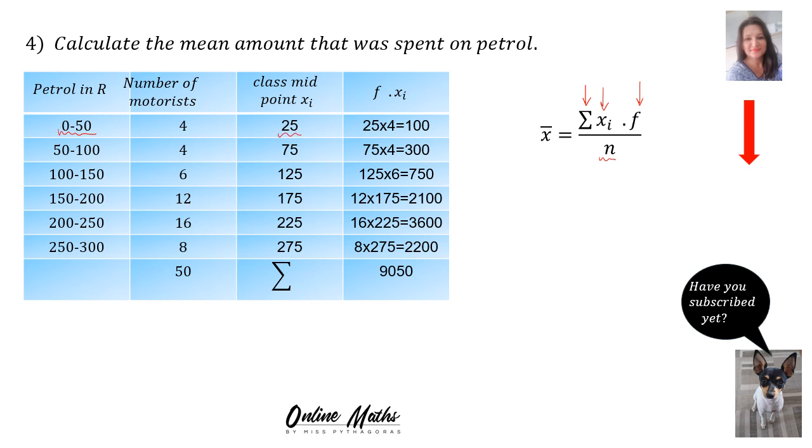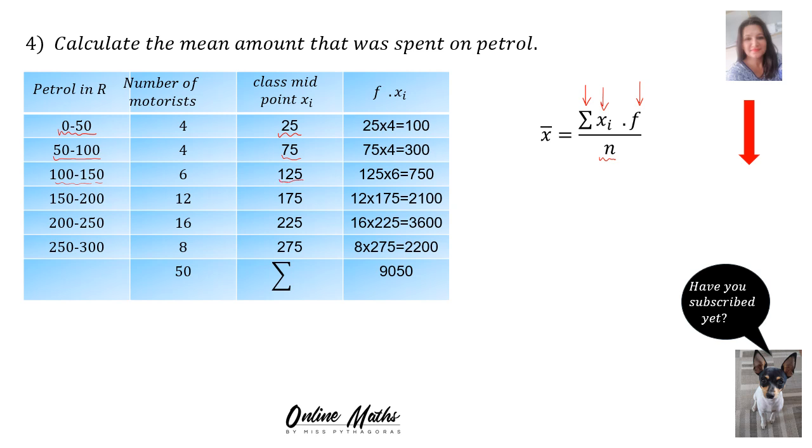That's the class midpoint. So the class midpoint for the second class, 50 to 100, you say 50 plus 100 divide by 2, 75. Then you will say 100 plus 150 divide by 2, 125, etc.